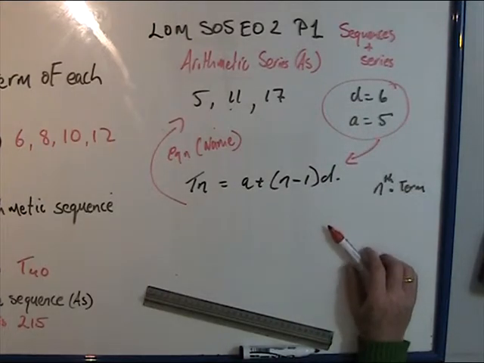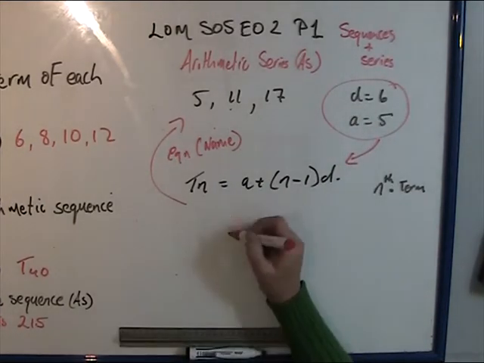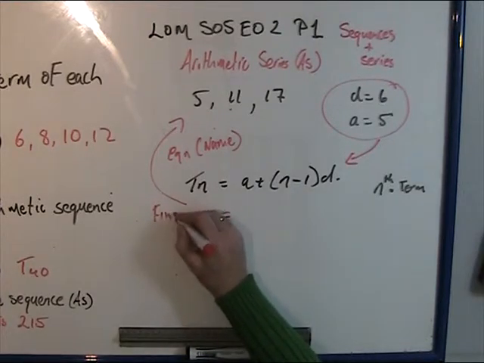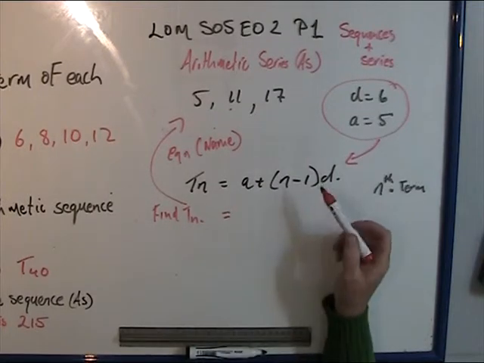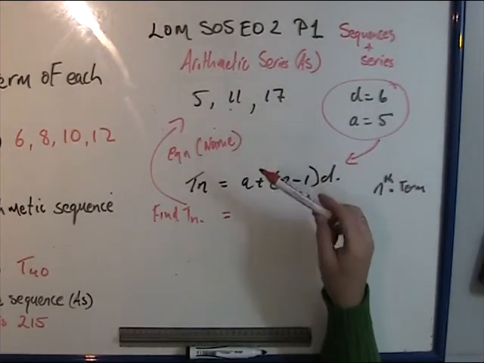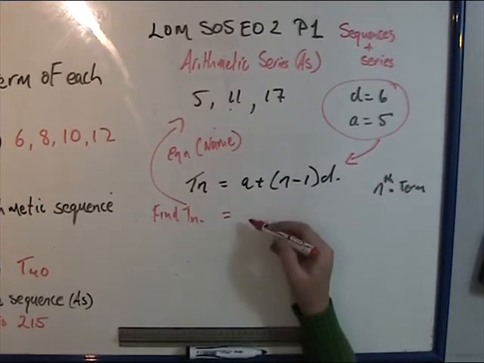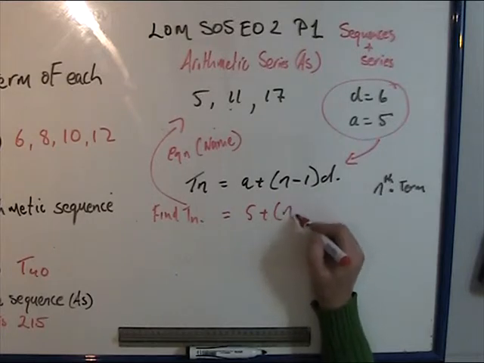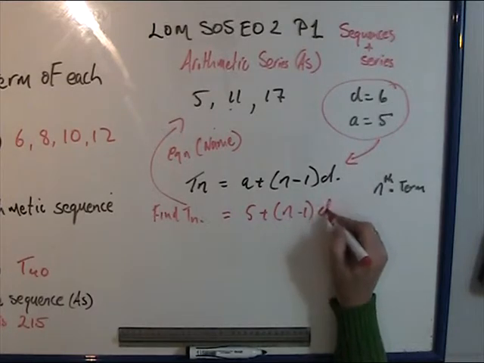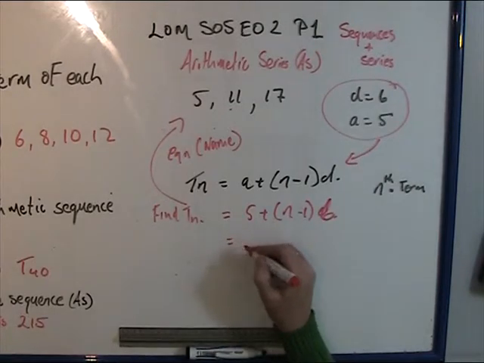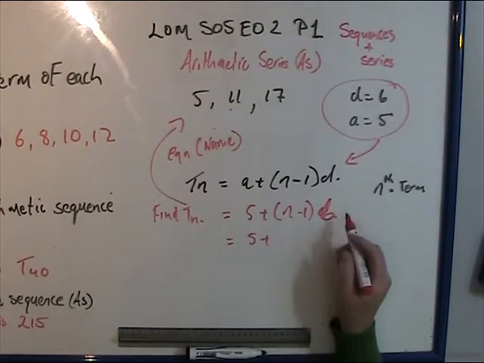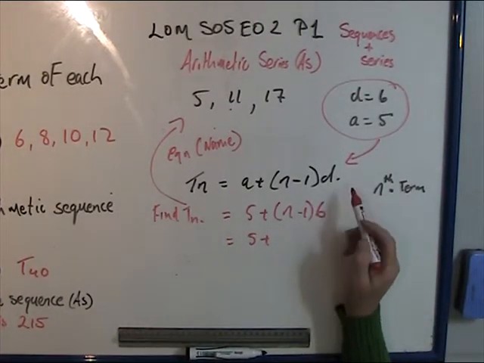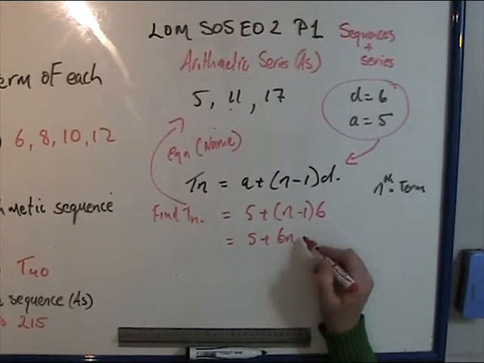Now let's go ahead and do the question. The question would be, say, find Tn. The first time you see the words arithmetic series in a question, you automatically put out your formula. So A is 5, plus n, which we don't know, minus 1, and we know D, which is 6. So we multiply across, so that becomes 5 plus 6n minus 6.